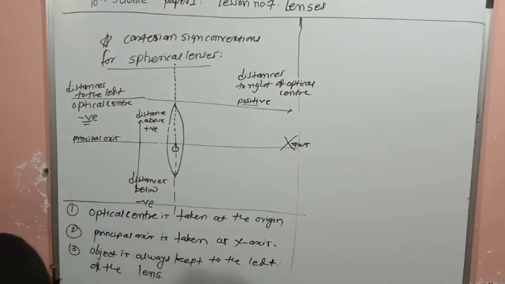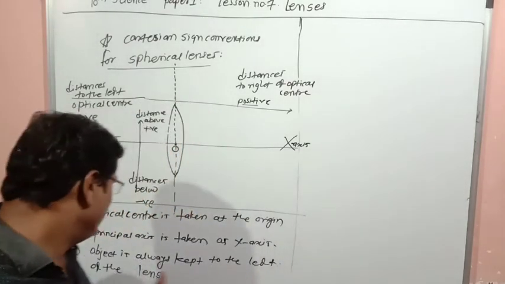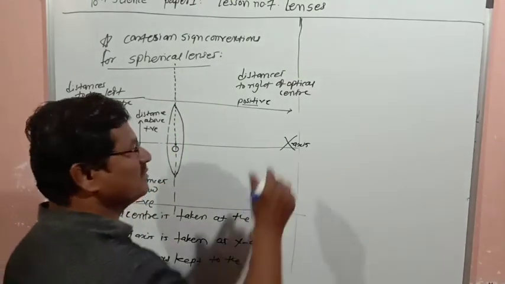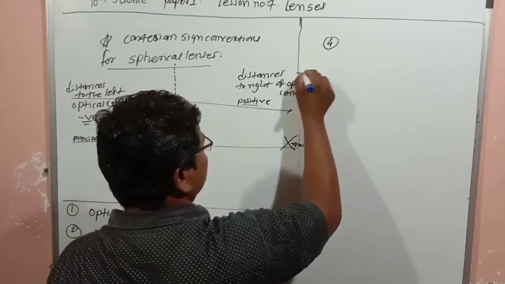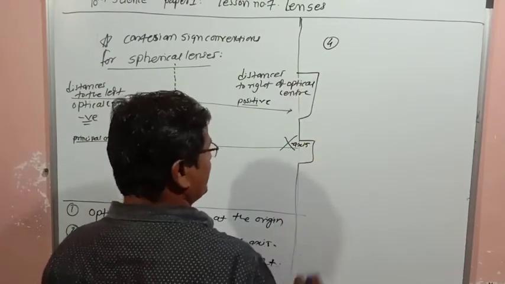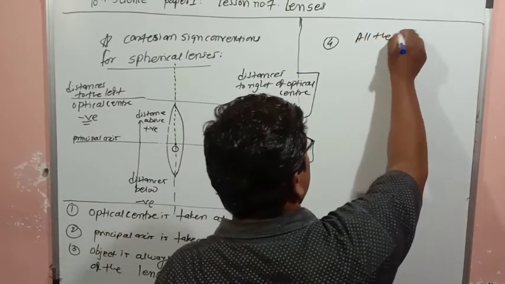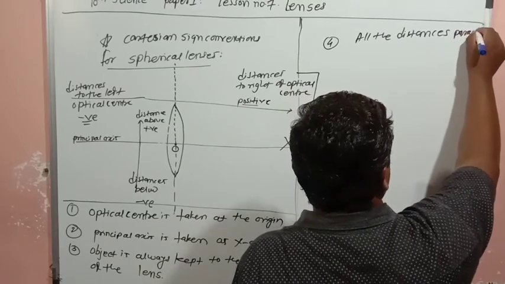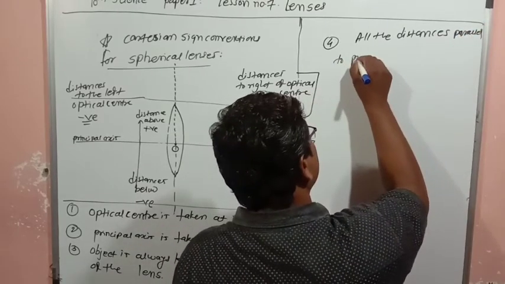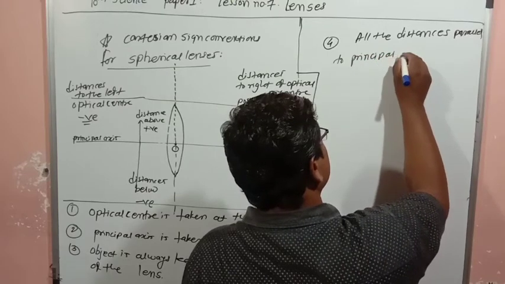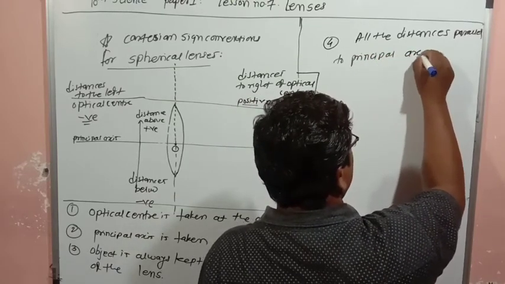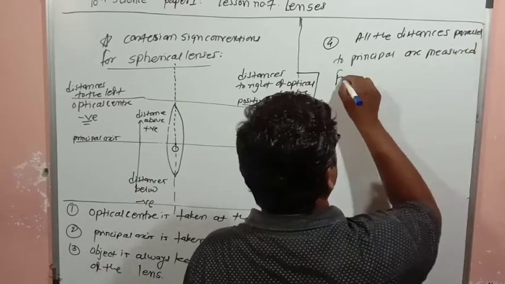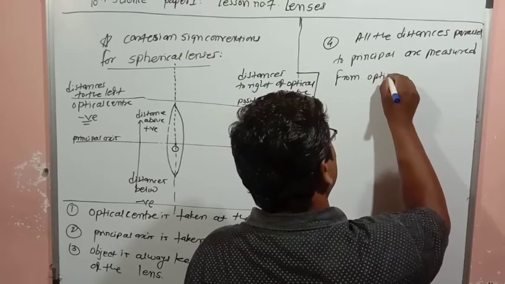Point number 4, all the distances parallel to the principal axis are measured from the optical center.